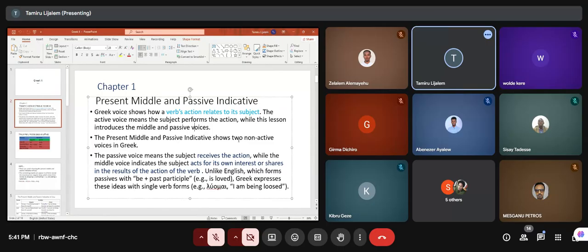The active voice means the subject performs the action, while the lesson introduces the middle voice and passive voice. The present middle and passive indicative shows two non-active voices in Greek. A passive voice means the subject receives the action, while the middle voice indicates the subject acts for its own interest or shares in the result of the action of the verb.